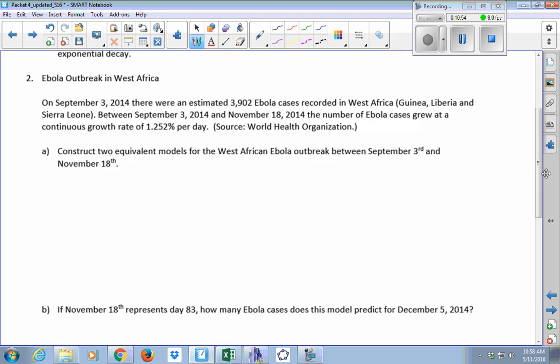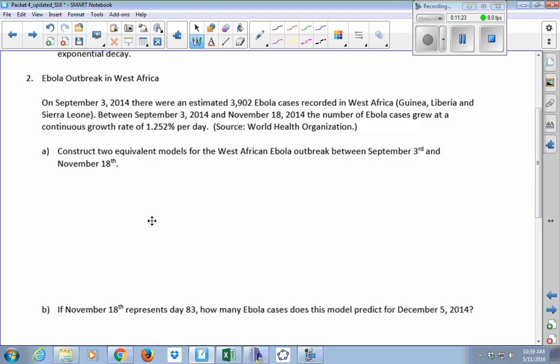So that's your initial amount, your initial quantity of Ebola cases, because I'm deciding to start recording this data on September 3rd. In West Africa, there are several countries, but these were the 3 countries where the outbreak was being recorded. And between September 3rd and November 18th, they grew at a continuous rate of 1.252% per day.